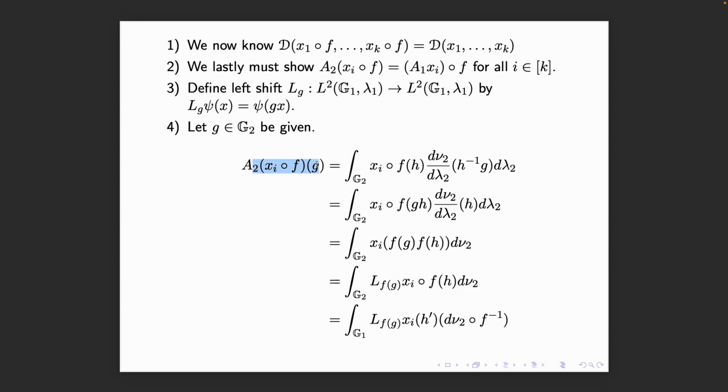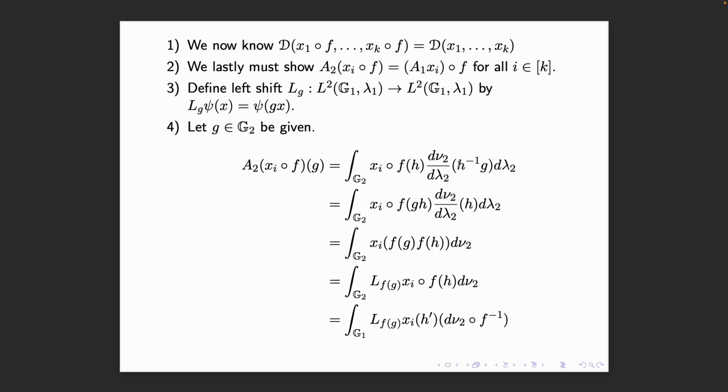remember, this is defined so that when you apply it to a vector, what you end up doing is you convolve this vector with the density of nu2 with respect to the Haar measure. We do a change of variables. g is a constant.